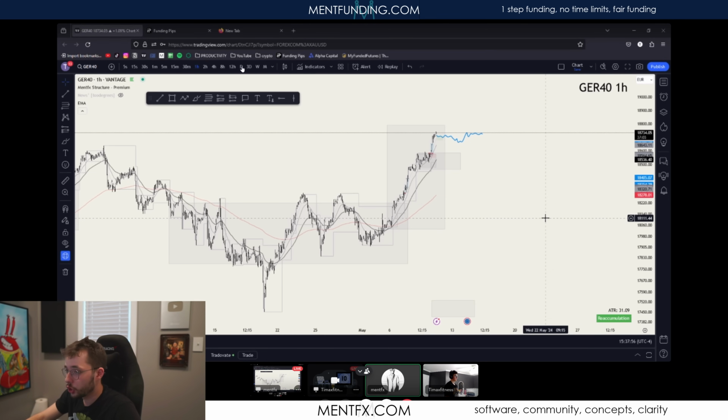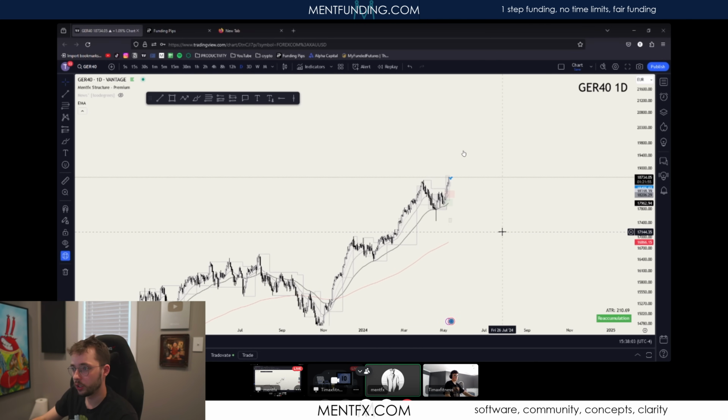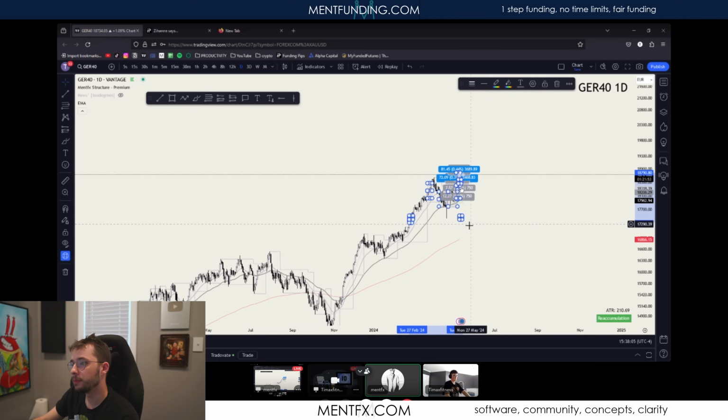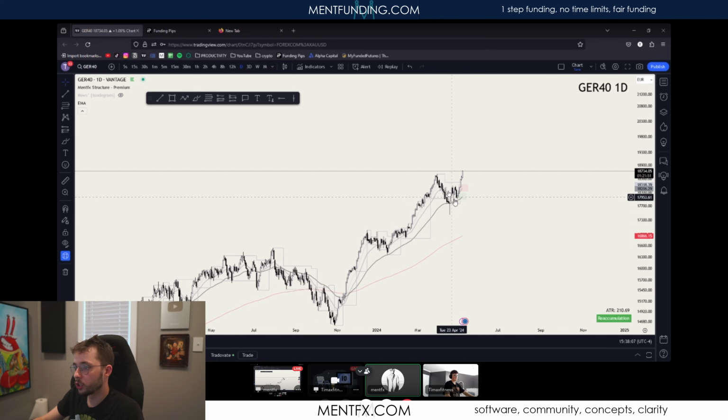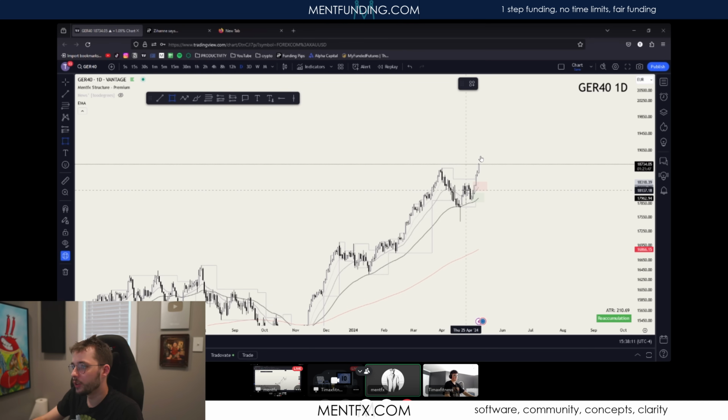So maybe on a daily chart, I don't know where you started this analysis, but on a daily chart, you might look at this and say, hey, we still got space. Maybe on a daily, when you look at this, it had that longer term stage 1 and it started at stage 2, and maybe you can see this going to like 19,050, right? So try to draw your best stage 2 here. You don't have to be perfect, but I would draw it from an inside.